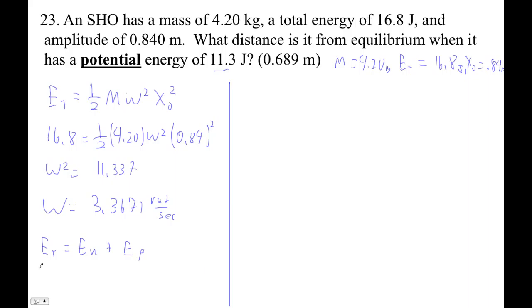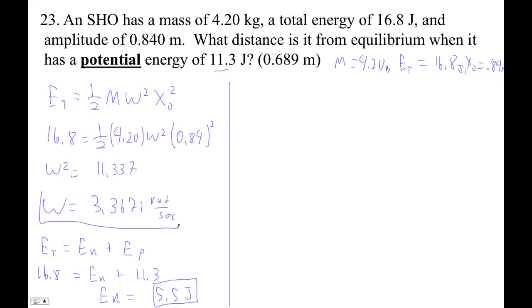And the total energy is 16.8. The kinetic energy we don't know, but the potential energy is 11.3. Then our kinetic energy must be 16.8 minus 11.3, 5.5 joules. That's something, right?